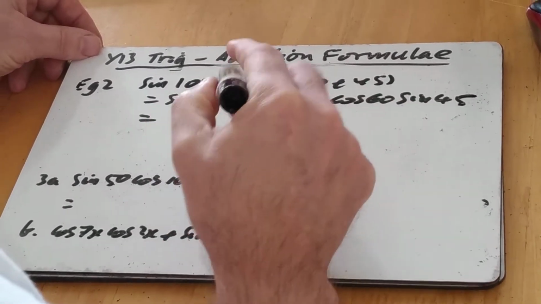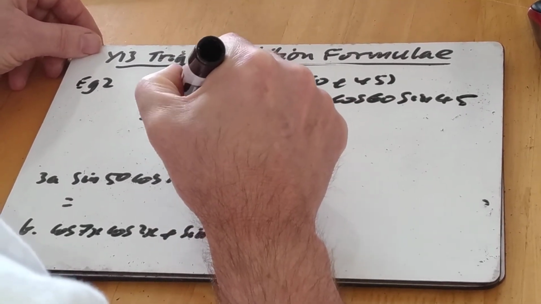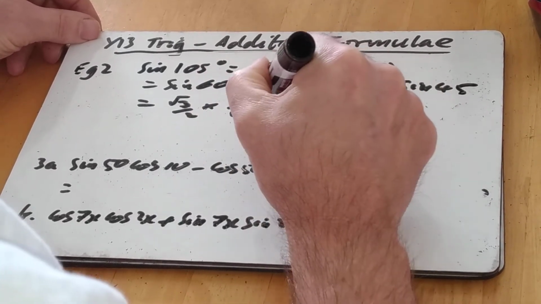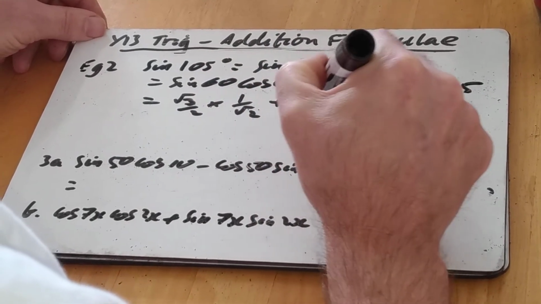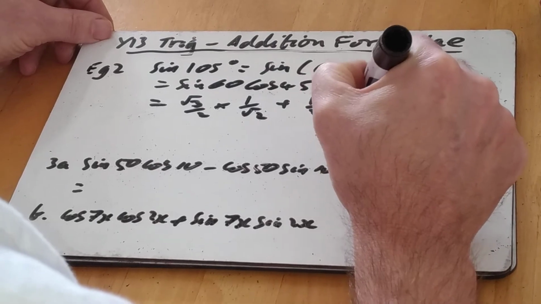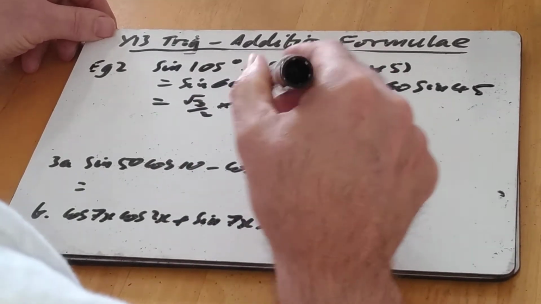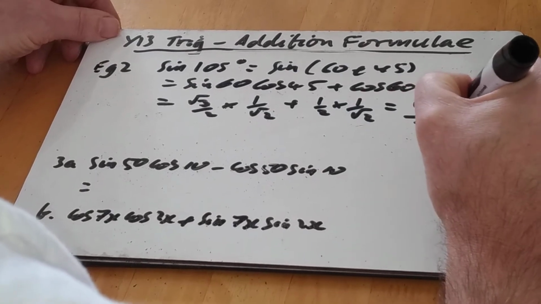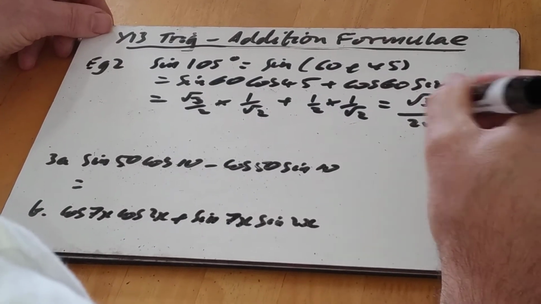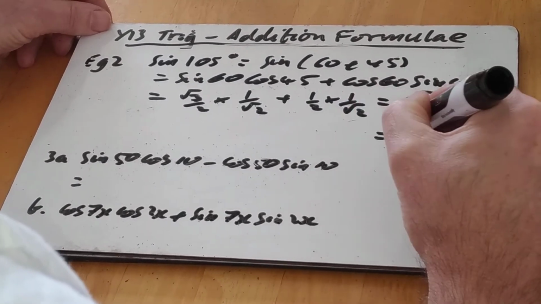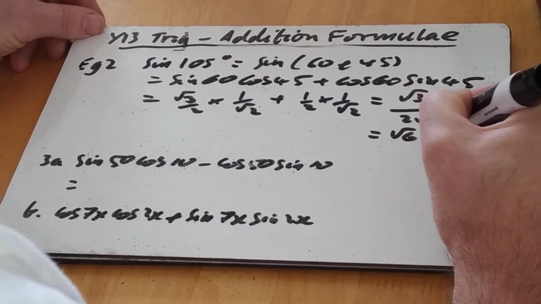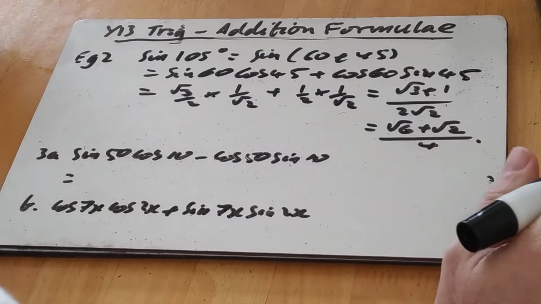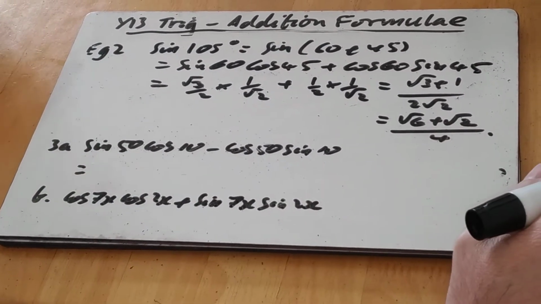And now, knowing that sine 60 is root 3 over 2, cos 45 is 1 over root 2, and cos 60, the same as sine 30, is a half, I end up with root 3 plus 1 over 2 root 2, or times everything by root 2 to get root 6 plus root 2 all over 4. And that is the exact value of sine 105.